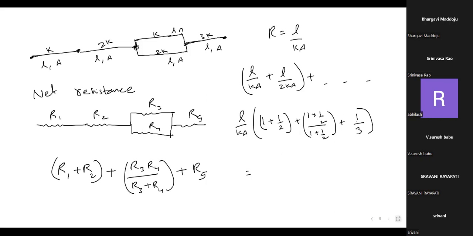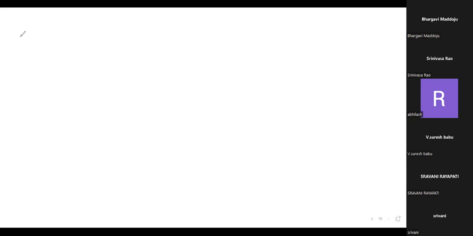Next topic is about Kirchhoff's rules, how to apply them here. We'll discuss the first rule, because most problems are based on the first rule only. Loops are not there in thermal conductivity.